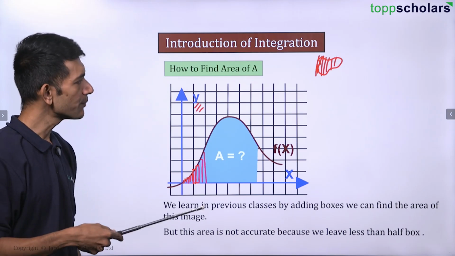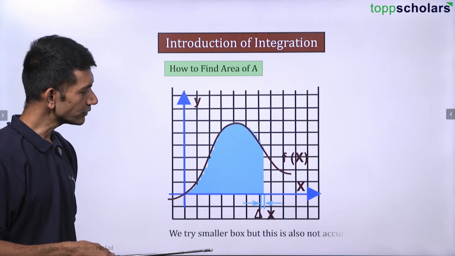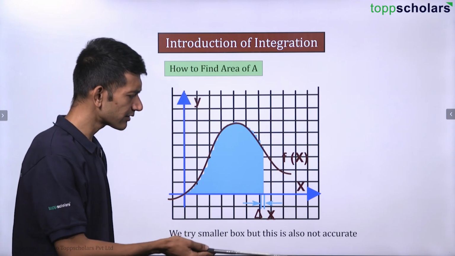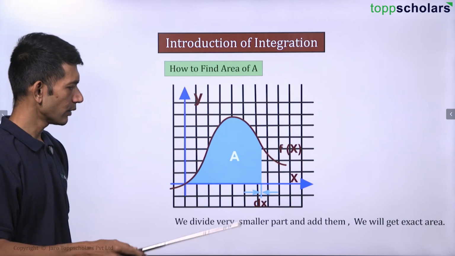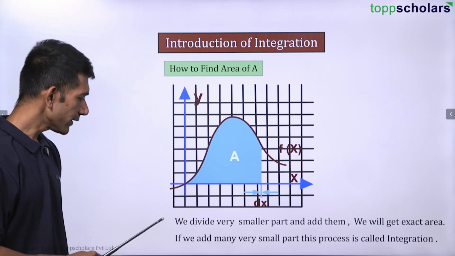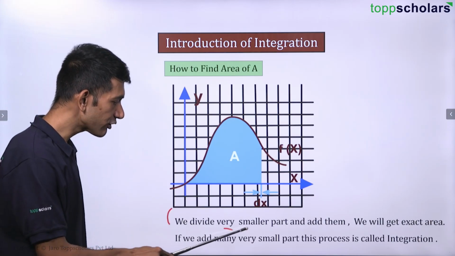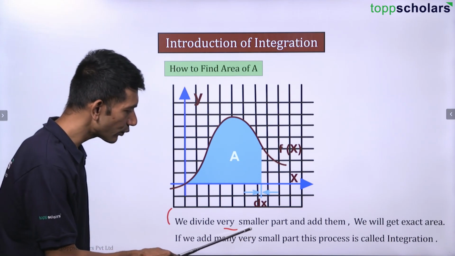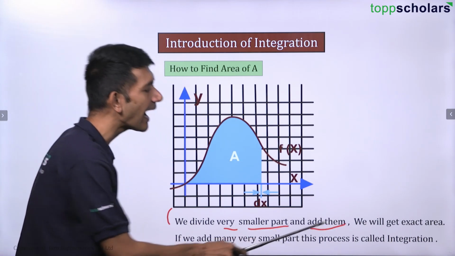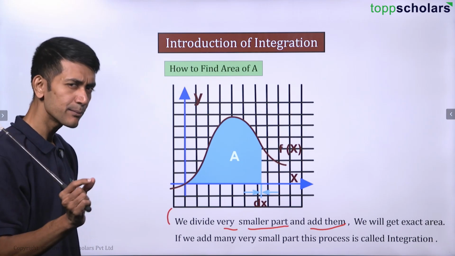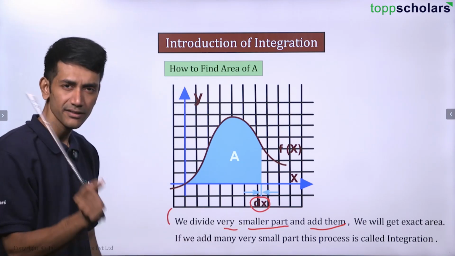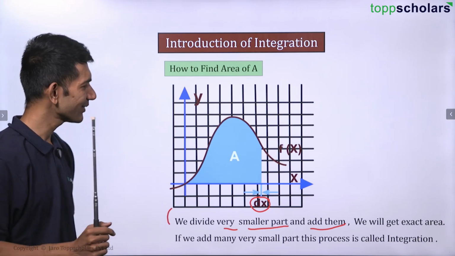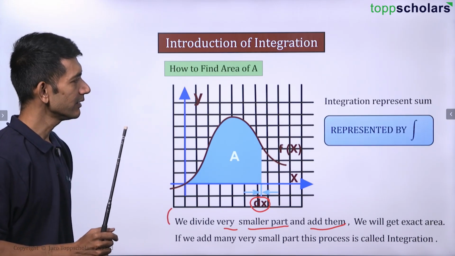So we try smaller boxes, but this is also not accurate. So what we do is we divide them into very small parts and then add them. Basically, we divide them into smaller rectangles whose width is dx, which is very small, right? So how do we represent this?